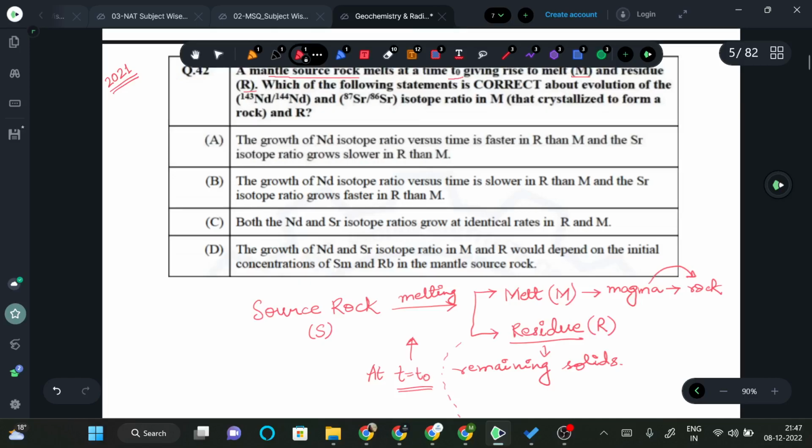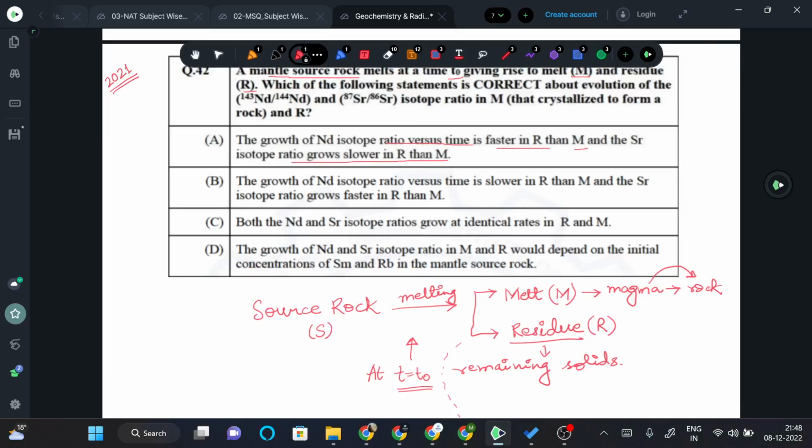Let's have a look at the options, then we will discuss this a bit. The first option is given as the growth of Nd isotope ratio versus time is faster in residue than melt, and the Sr isotope ratio grows slower in residue than melt.